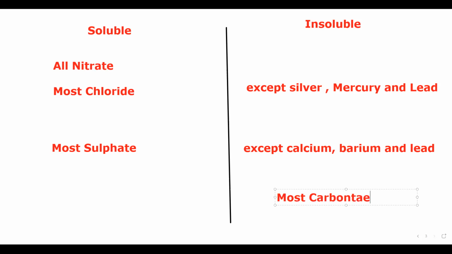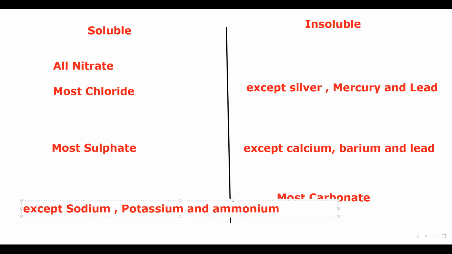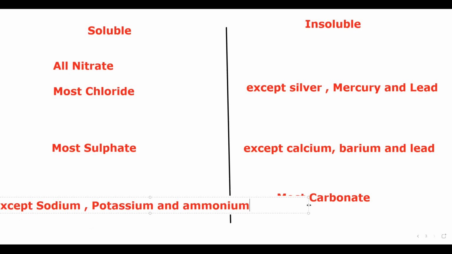Most of the carbonate salts having CO3 are insoluble, except again three. What are the three exceptions? Sodium, potassium, and ammonium. These are the three carbonate salts which dissolve in water.